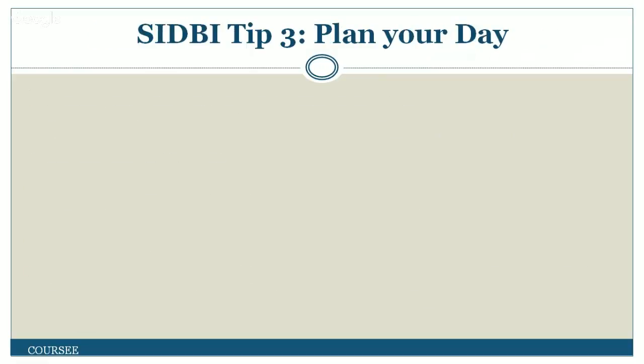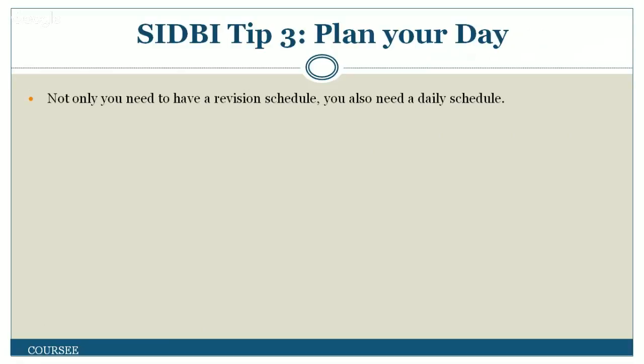So tip number 3, plan your day. Not only do you need to have a revision schedule, you also need a daily schedule. Make a daily plan and make sure to execute it.